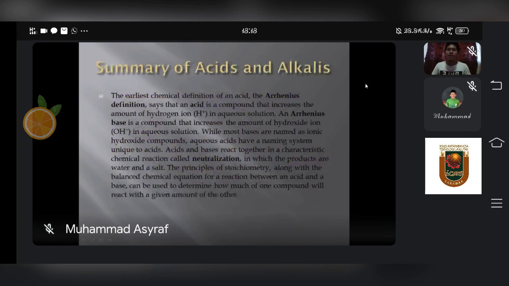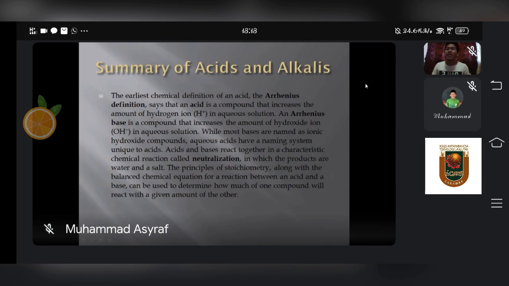So the last one, a summary of acids and alkalis. The earliest chemical definition of an acid, the Arrhenius definition, says that an acid is a compound that increases the amount of hydrogen ion, [H+], in aqueous solution.